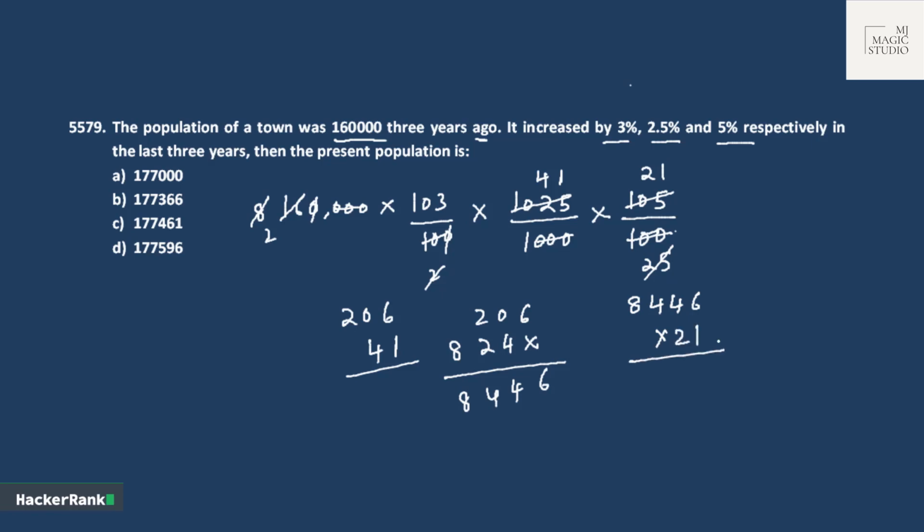So 8446 into 21. We need to do it again. 8446 into 21 gives 177366. Yes, that we have in option B.